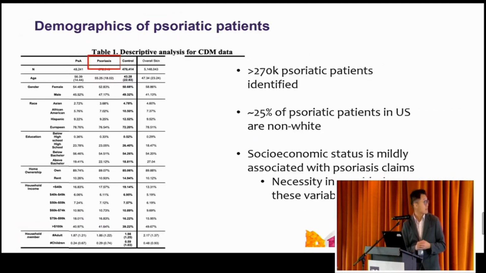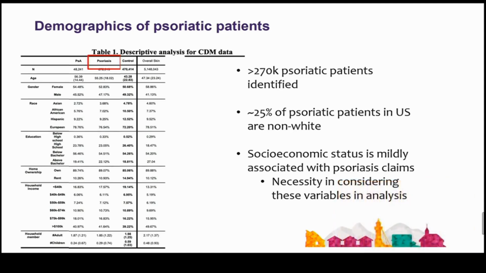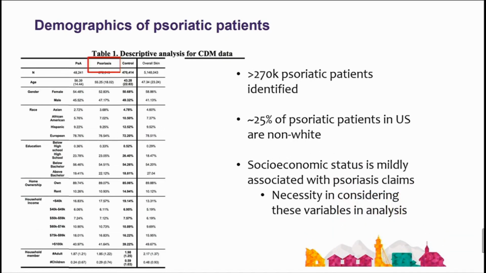So this is a table to describe what we have found for those individuals that have at least some psoriasis diagnosis. There are over 270,000 patients that we've identified.